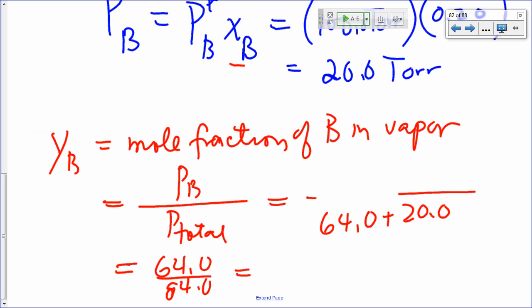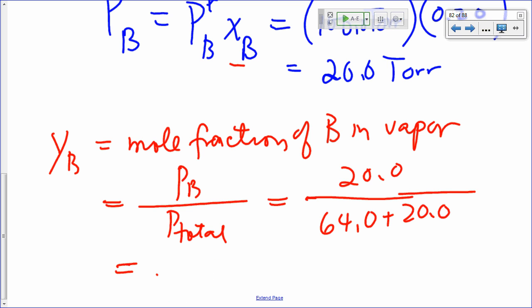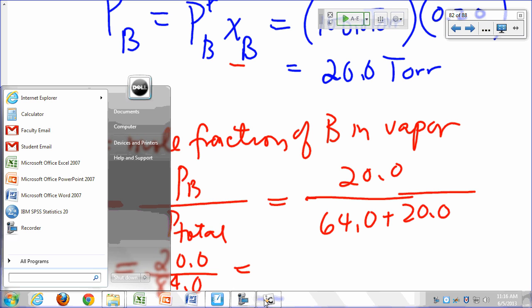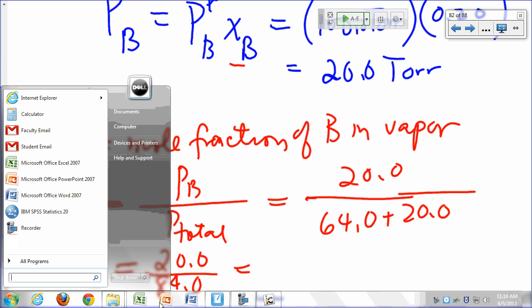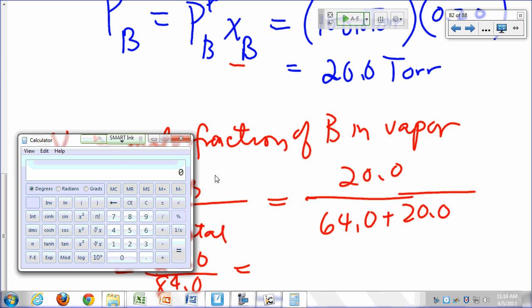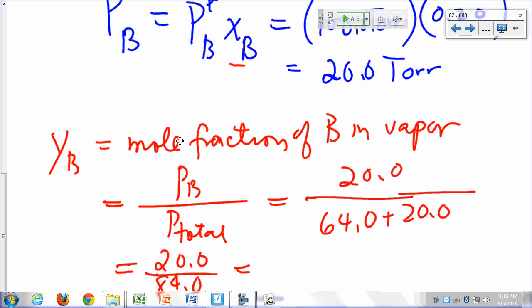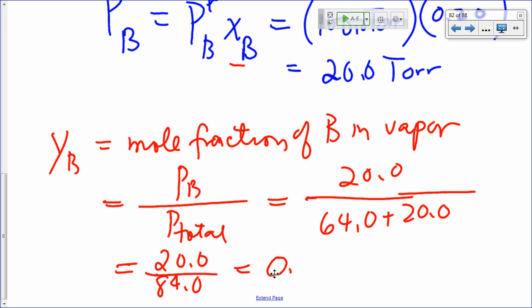Sorry about that. This is 20.0. So this is 20.0 over 84.0. You can see that is, oops, 20 divided by 84. Small fraction is 0.238.